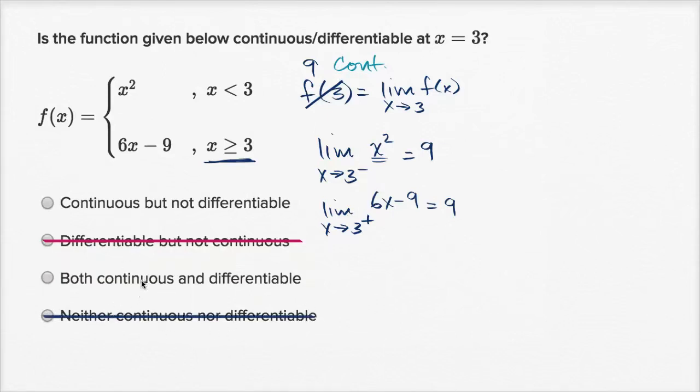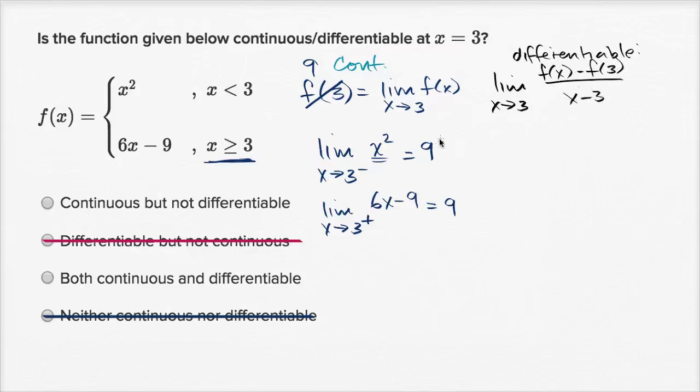And now let's think about differentiability. In order to be differentiable, the limit as x approaches 3 of f of x minus f of 3, over x minus 3, needs to exist.